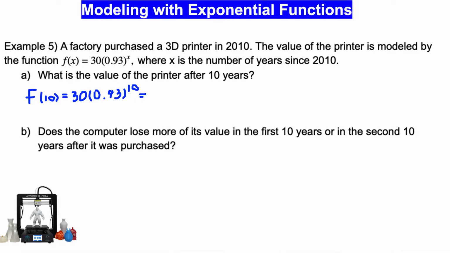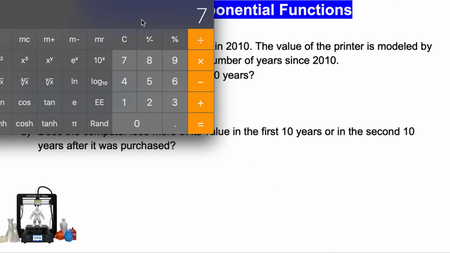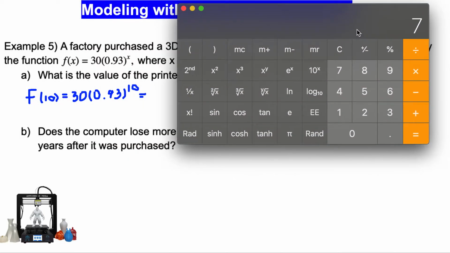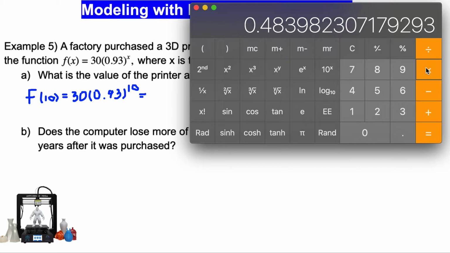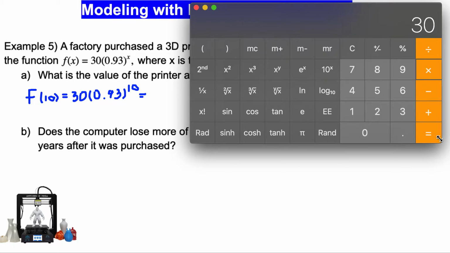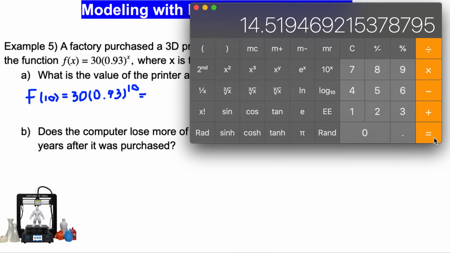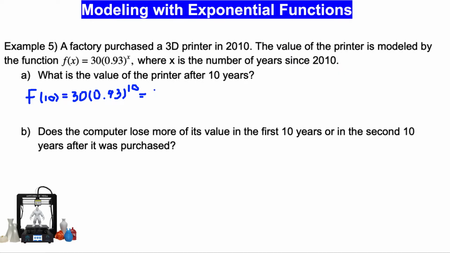Let me take the calculator: 0.93 in exponent 10, then we multiply by the initial value, which is 30, and we get 14.5. So the value is 14.5.